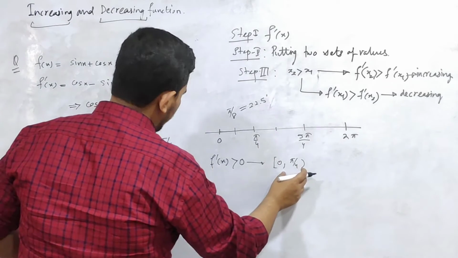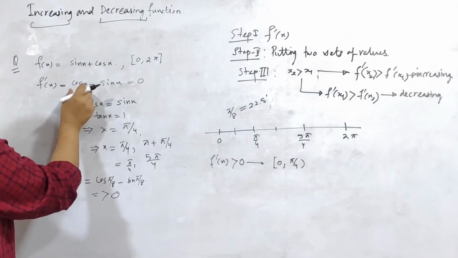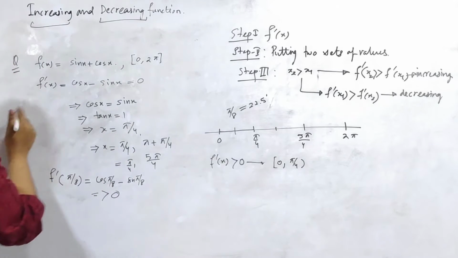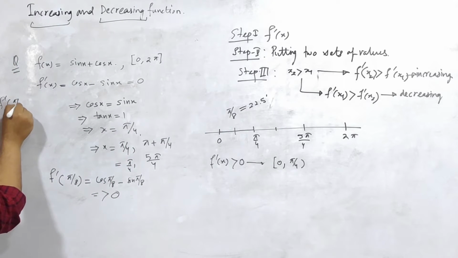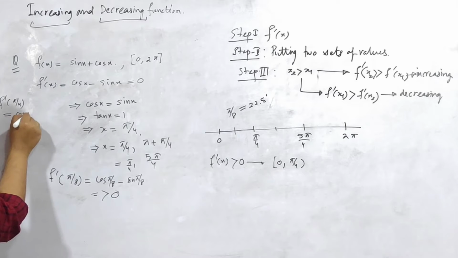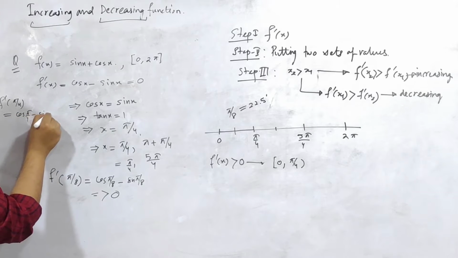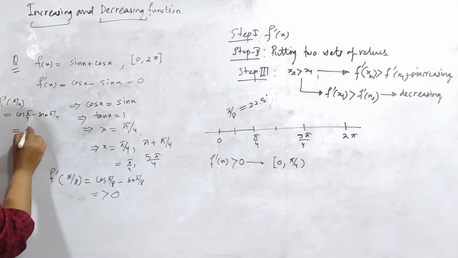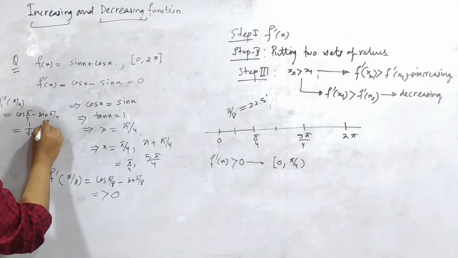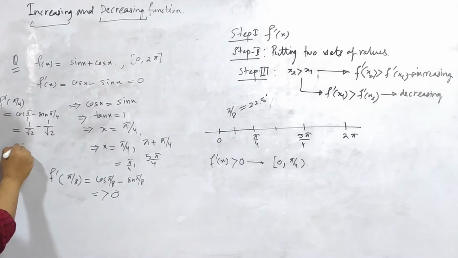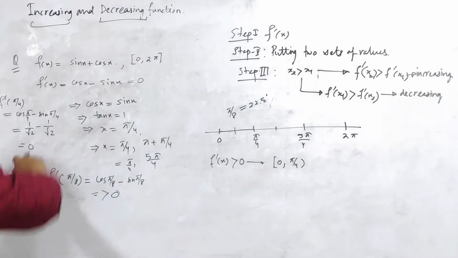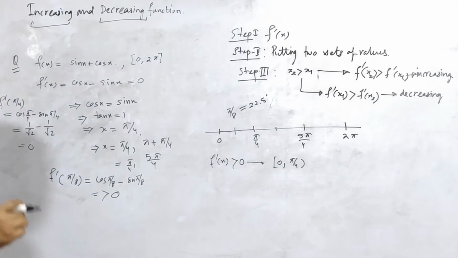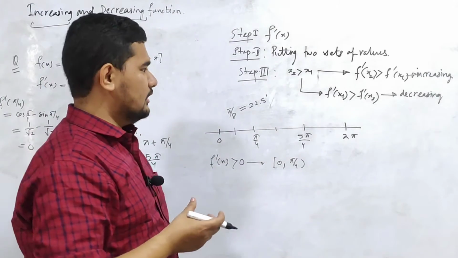Why we are excluding pi by 4 is that if you find f dash of pi by 4, then you find that this is cos of pi by 4 and this is sine of pi by 4, which is 1 by root 2, and this is also 1 by root 2. So basically this is 0. When a derivative comes out to be 0, we cannot say that this is an increasing or decreasing function.